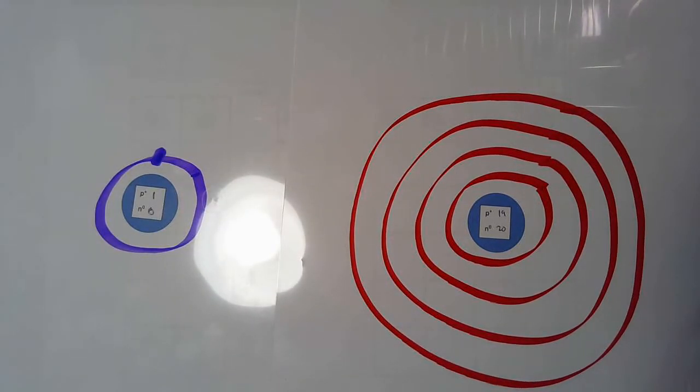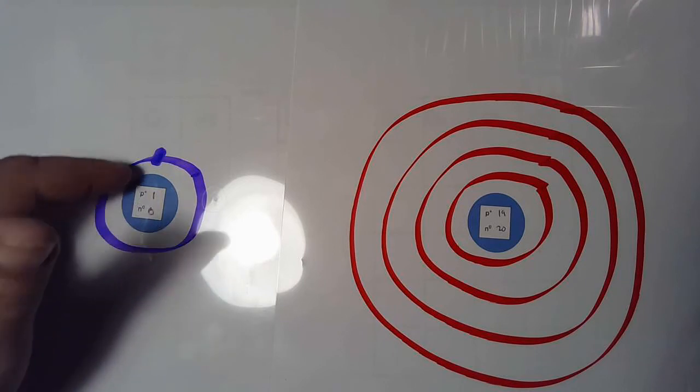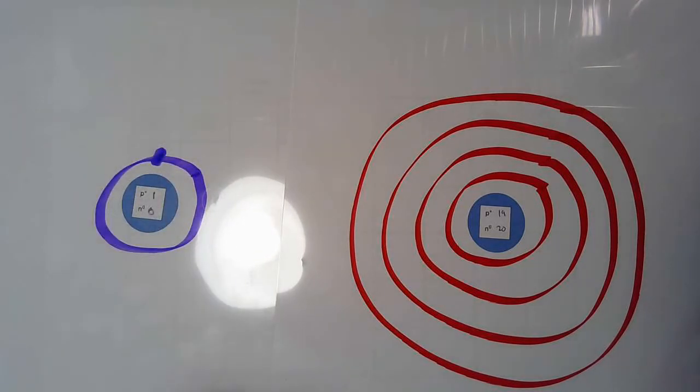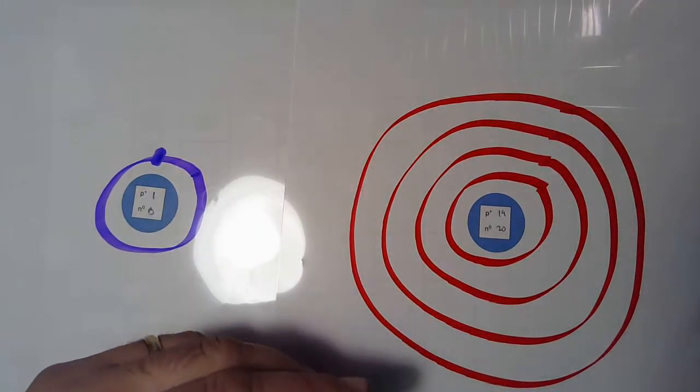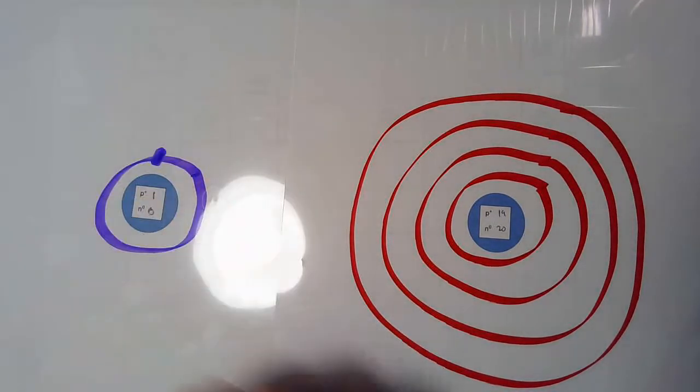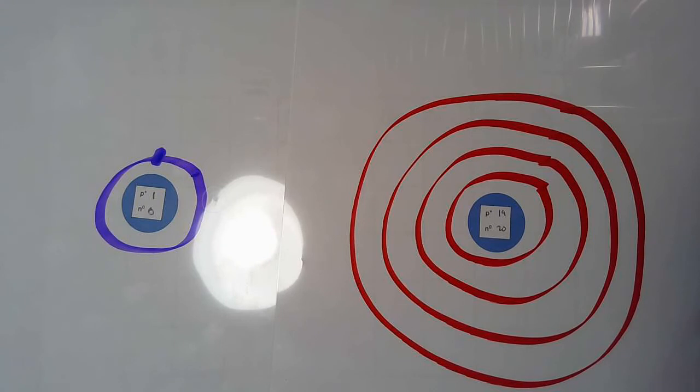Doesn't it stand to reason that if an electron is really close to the nucleus, as easy as it might be for it to go away, it's still going to be harder than it would be for an electron on the fourth energy level so far away from the nucleus?